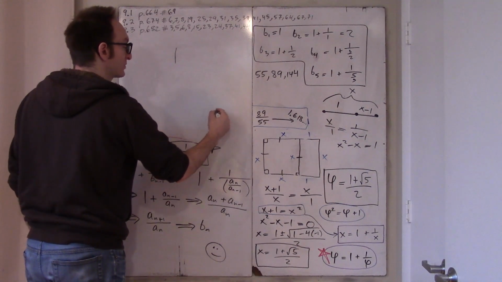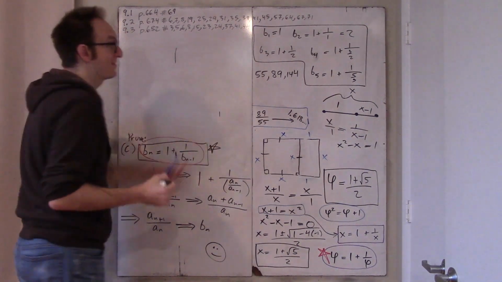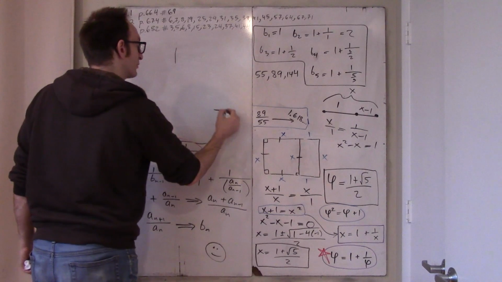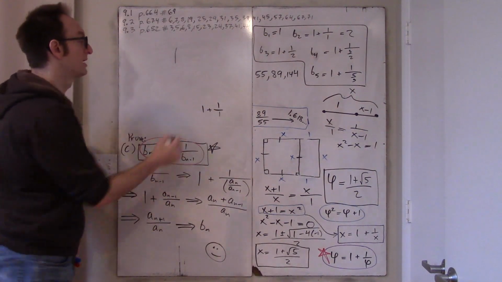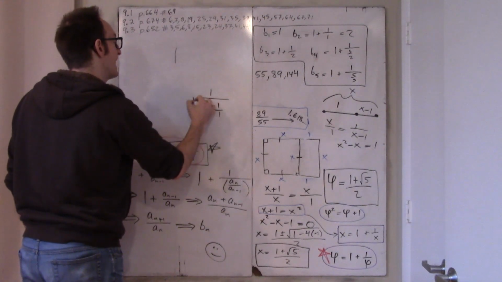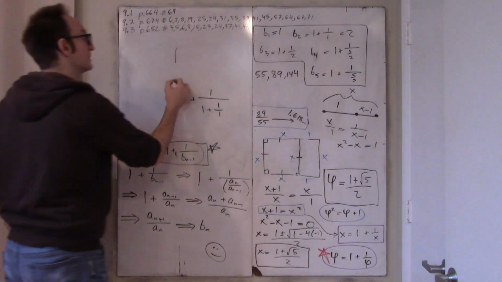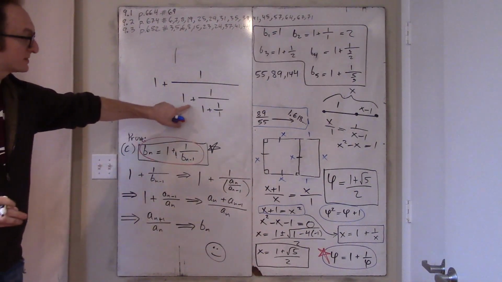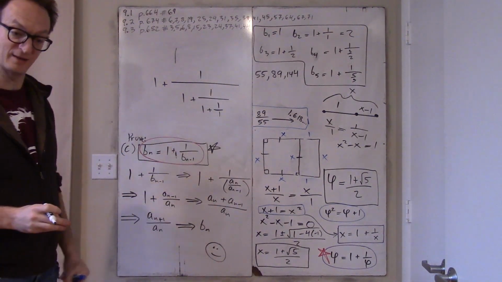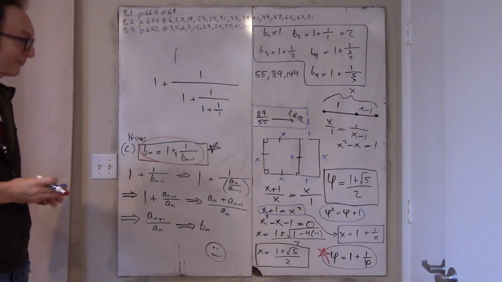So take the number 1, and then as we did over here, reciprocate and add 1. Now reciprocate, add 1. Reciprocate, add 1. This is this very complicated fraction. This has a name. This is called a continued fraction.